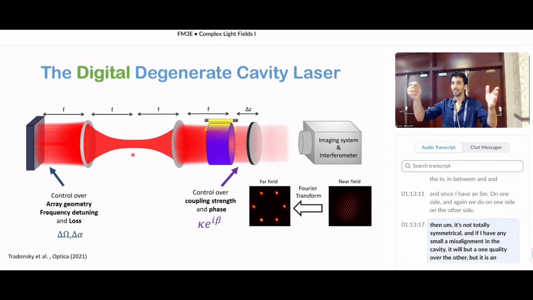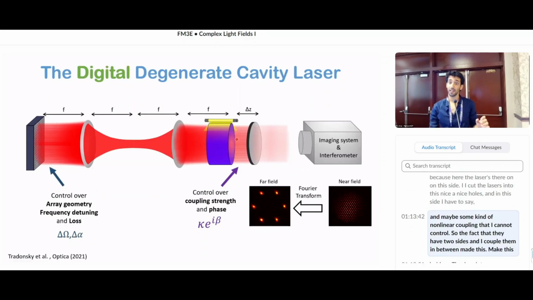If I have any small misalignment in the cavity, it will prefer one chirality over the other, but it is uncontrollable. I cannot really use it as a method to control the chirality. Here the lasers on this side, I cut the lasers into these nice holes, and on this side I have maybe some kind of nonlinear coupling that I cannot control. So the fact that I have two sides and I couple them in between makes this.